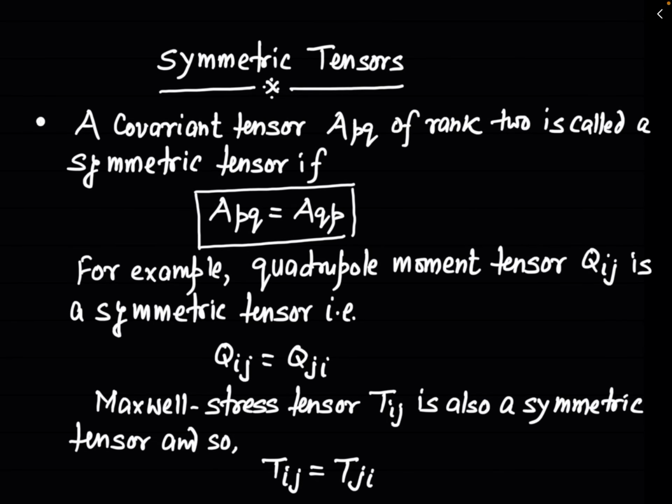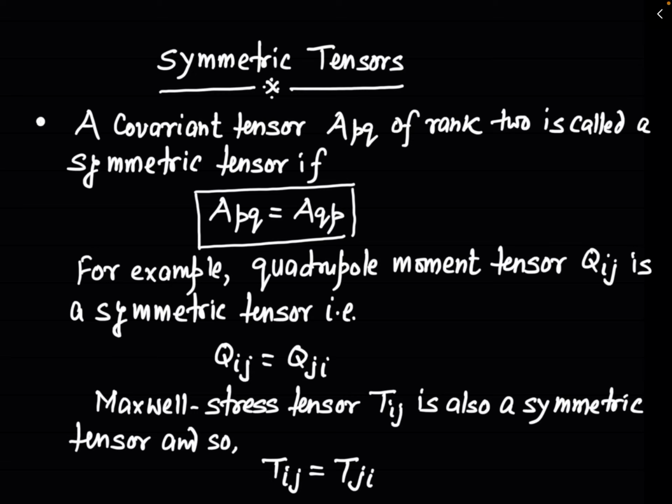In tensor analysis, now we will see a very important tensor which is known as symmetric tensor. Actually, in the study of physics in different topics, you get several examples of symmetric tensors.